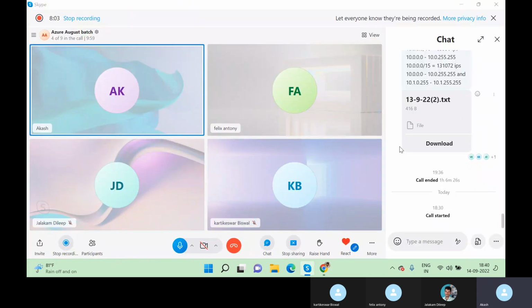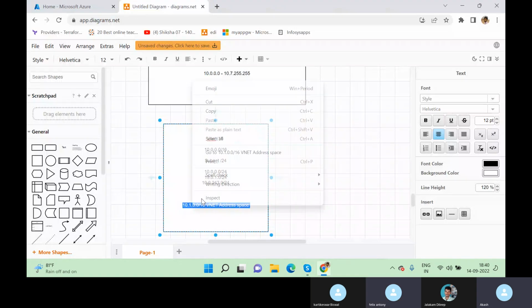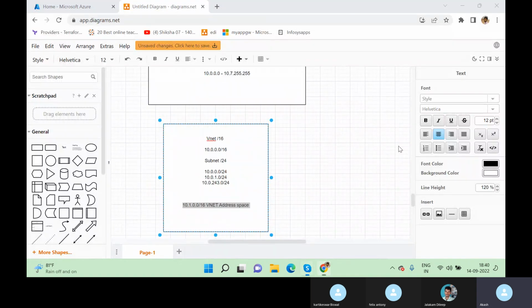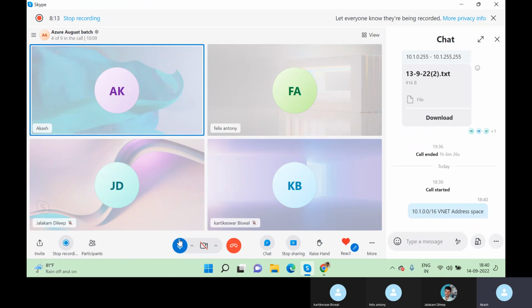Come on, guys. This is my VNet address space. Create 3 subnets out of it, any 3 of your choice.